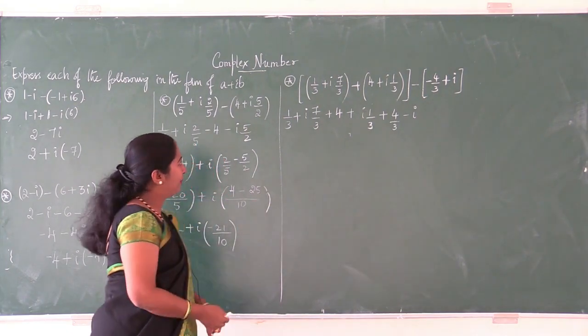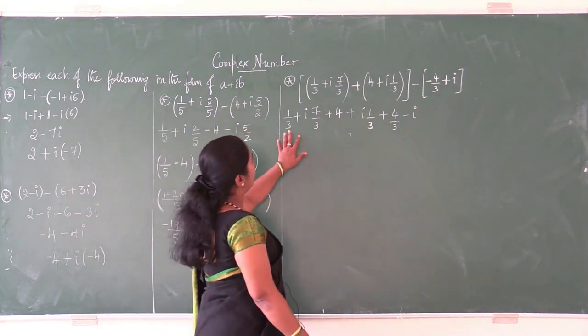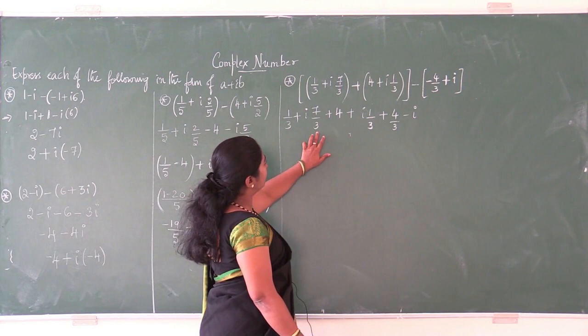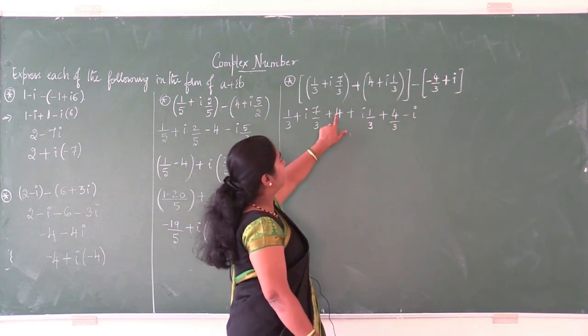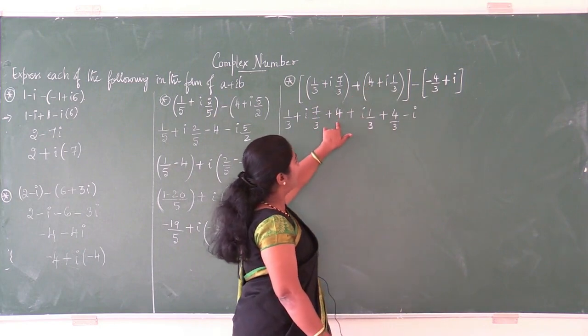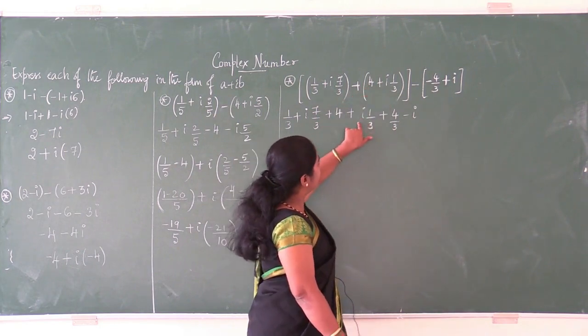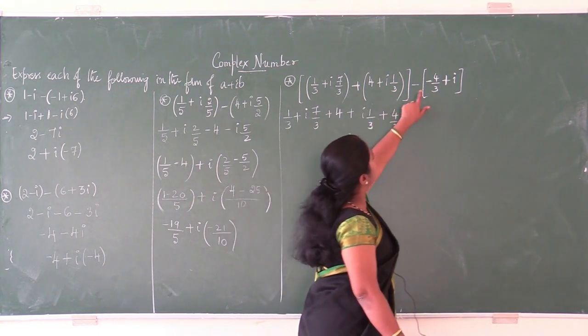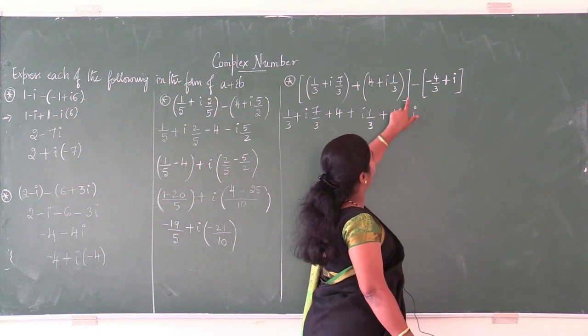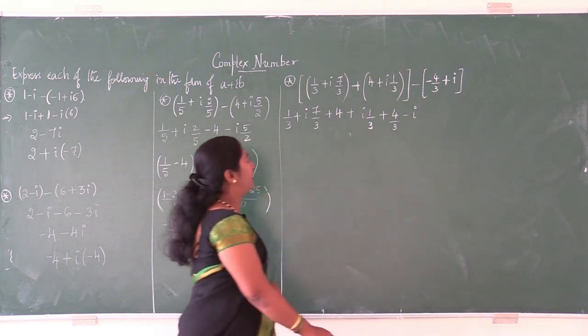So once again I will repeat the step. The first term is written as it is, 1 by 3 plus i into 7 by 3. Then you will multiply by signs just to eliminate the brackets. Plus into plus will be plus 4, plus into plus will be plus again. So it will be plus into 1 by 3. Similarly minus into minus will be plus 4 by 3, and this will be minus i.